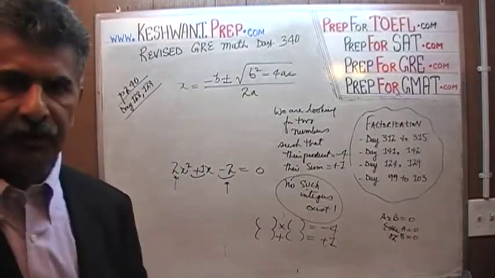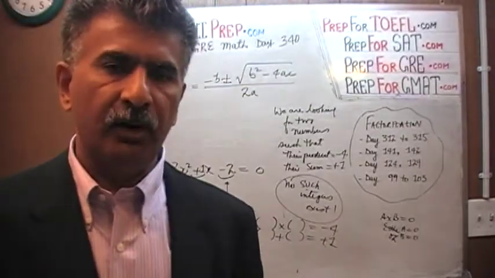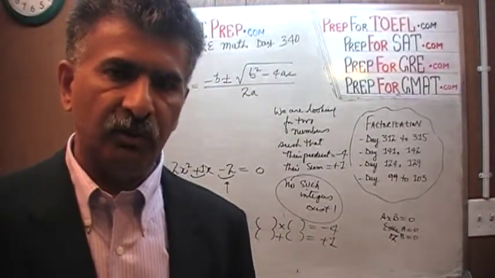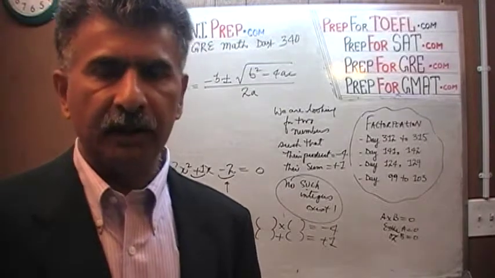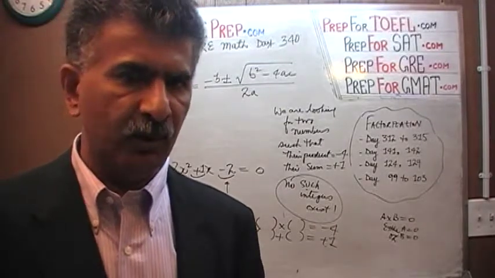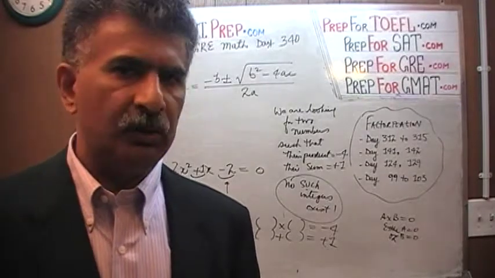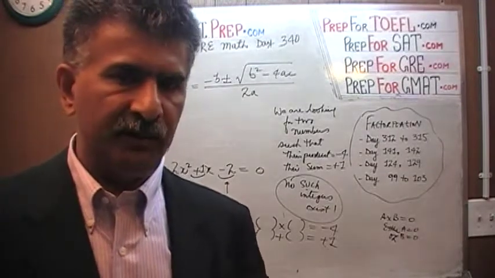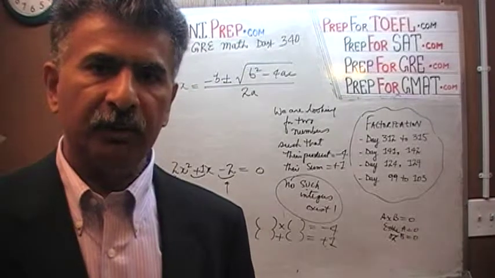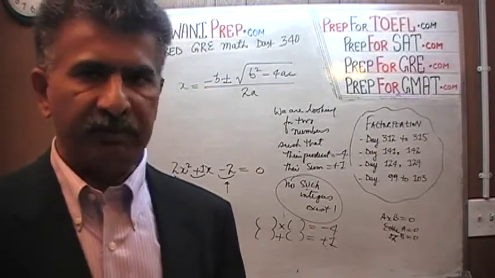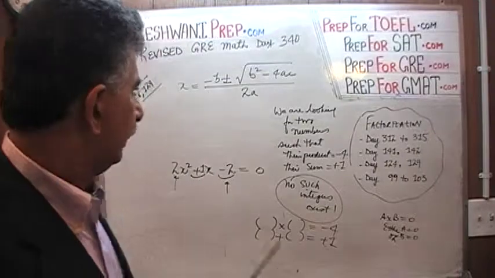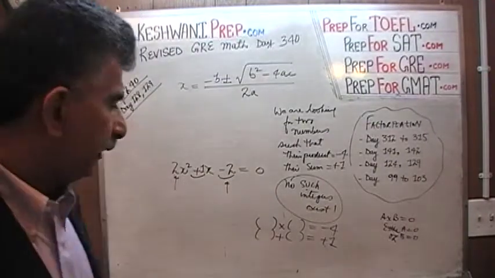This is their way of saying, the people who are going to give you the exam, that they expect you to know the quadratic formula by heart, because you are going to come across a couple of problems in the exams where the only way to find the value of the unknown is by use of the quadratic formula. Factorization will not get you anywhere. So you must know your quadratic formula by heart.